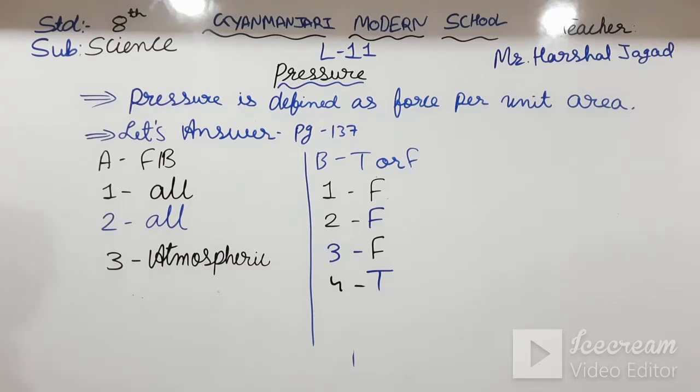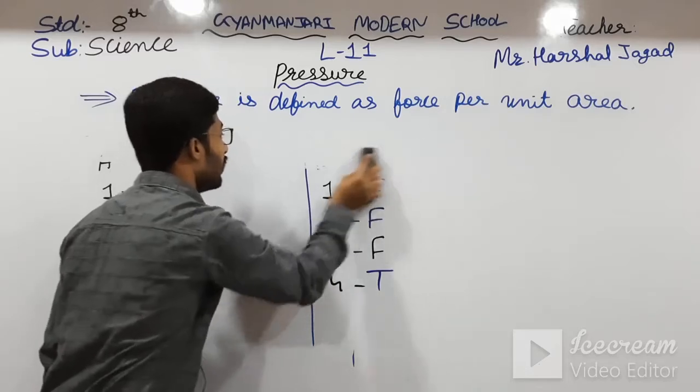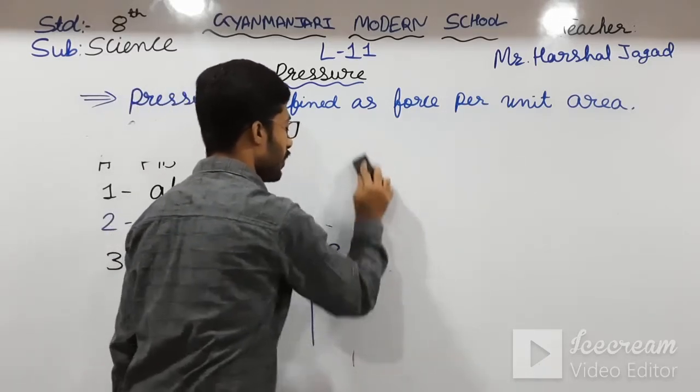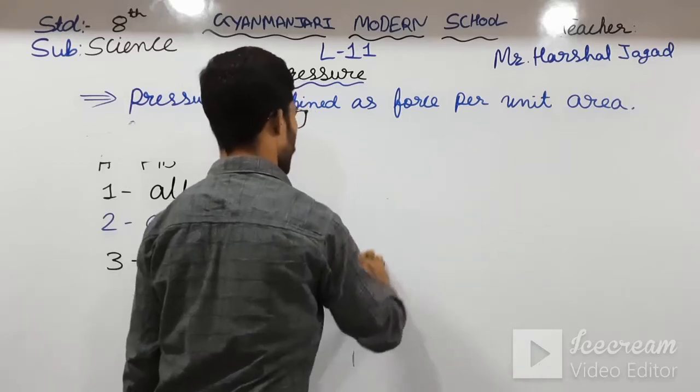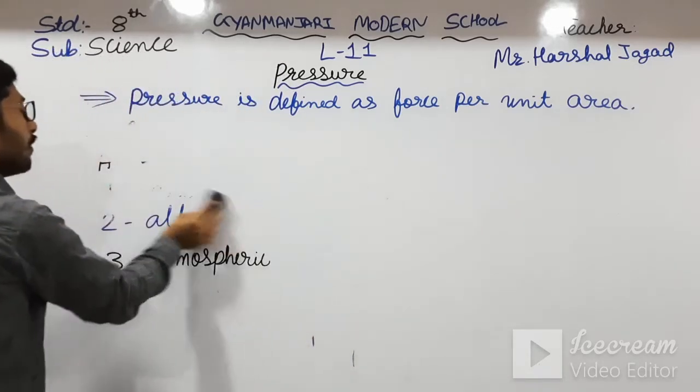Next we have seen pressure in liquid. In that we saw one activity, where first we fill the balloon with water and then put it into a bucket full of water.